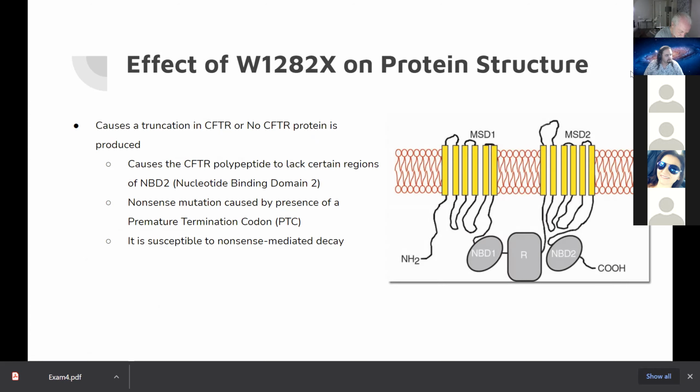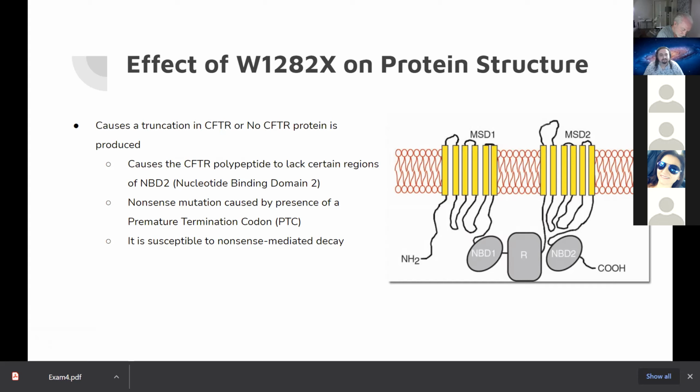So our mutation, W1282X, causes a truncation in the cystic fibrosis transmembrane conductance regulator, which causes the CFTR polypeptide to not generate regions of the nucleotide binding domain 2, or NBD2, past location 1282, which either prevents the protein from forming entirely or causes the protein to be inactive.